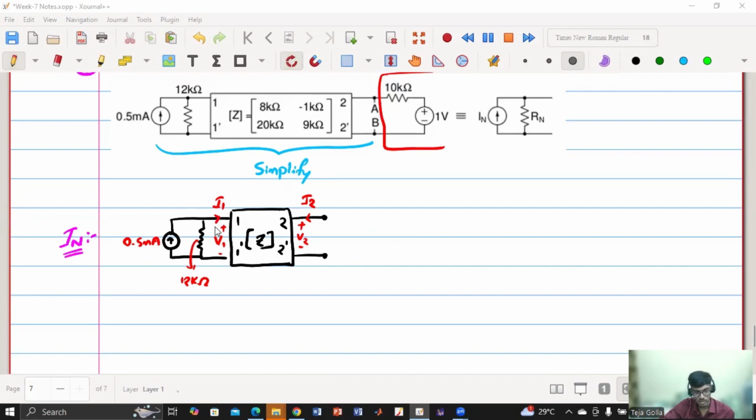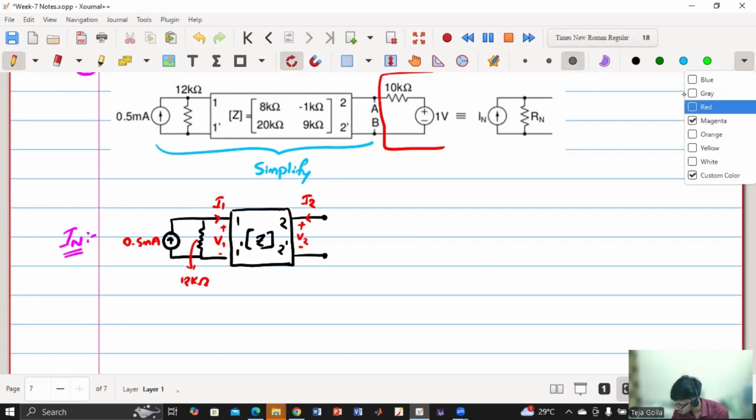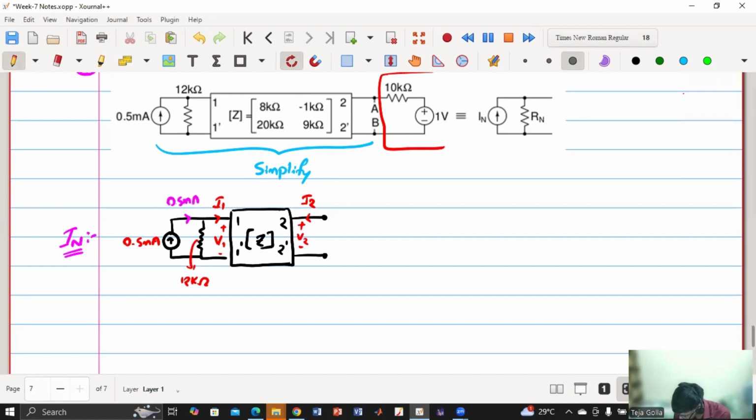The 0.5 milliampere is getting divided into the resistor as well, so 0.5 milliampere will be I1 plus this current. That will slowly get into that. I have not assumed that I1 is 0.5, and it is also not 0.5 because there is some current flowing through 12 kilo. I have just considered this circuit excluding this part.